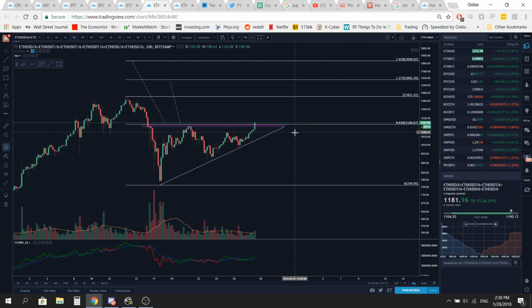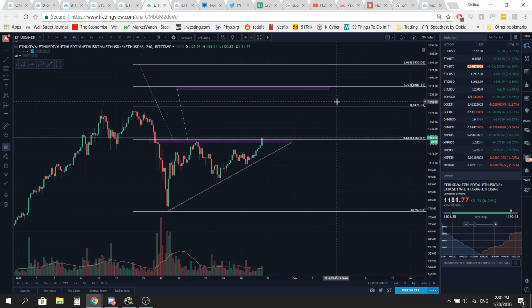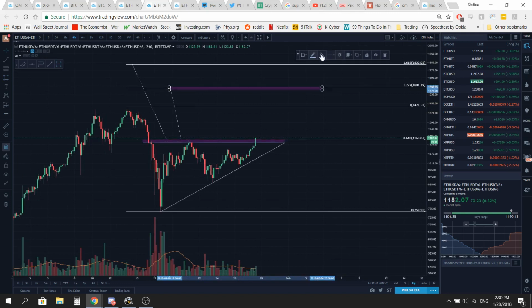Second, our first smaller measured move, the size of the triangle, is a nice confluence here with the 2.72 fib extension. So this here is going to be my first target zone.